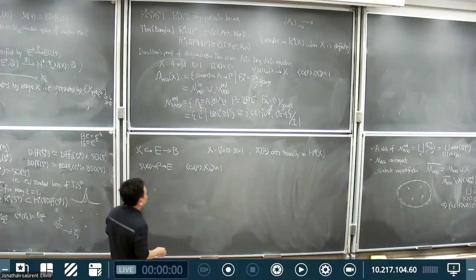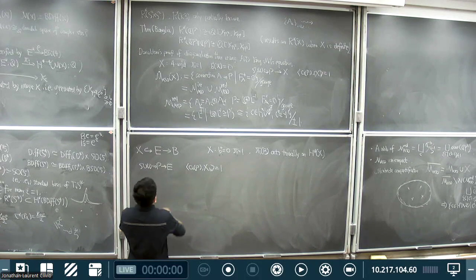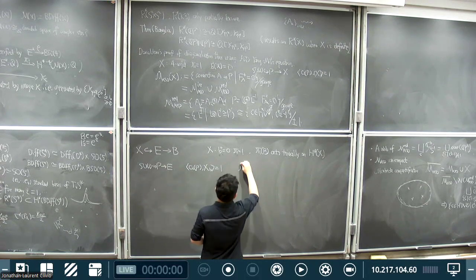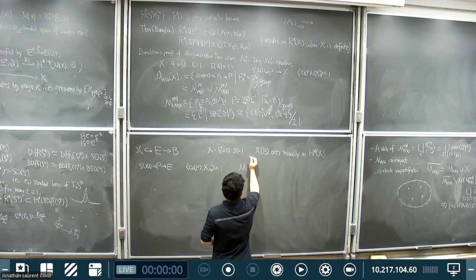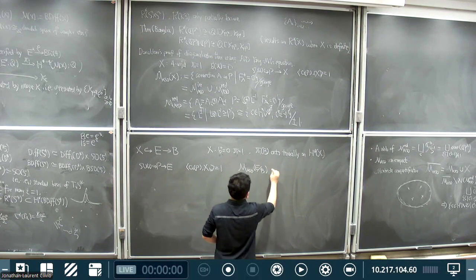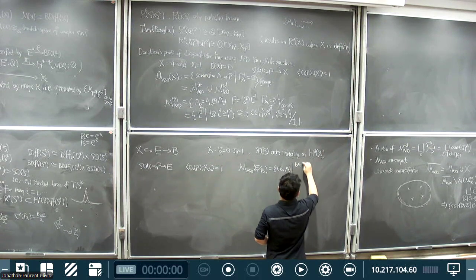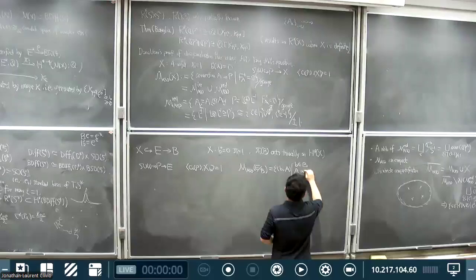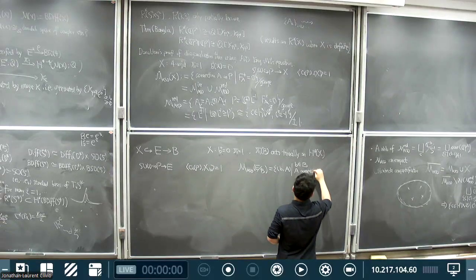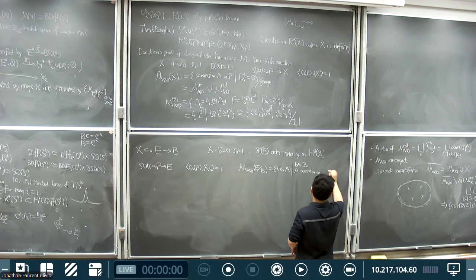Now we can study this moduli space. It is just pairs (b, A), where b is a point in the base and A is a connection on P restricted to the fiber over b.